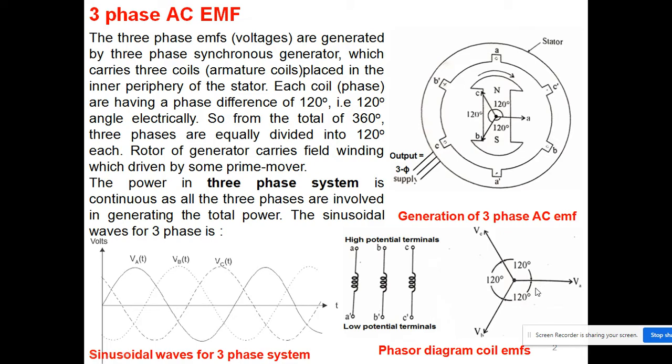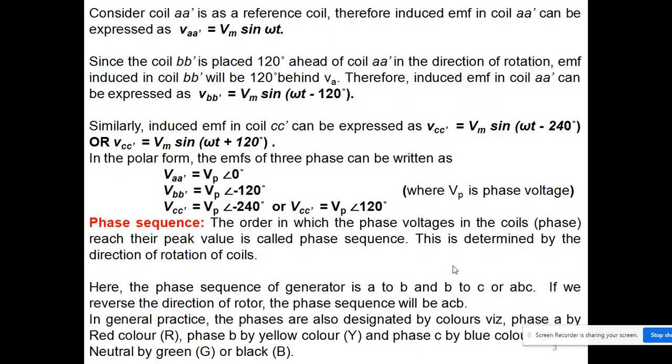So comparing this way, from this point to this, it becomes minus 240. But if I write in the anti-clockwise direction, I can put 120 here, and both are the same. So it doesn't matter whether we write minus 240 degrees or 120 degrees.